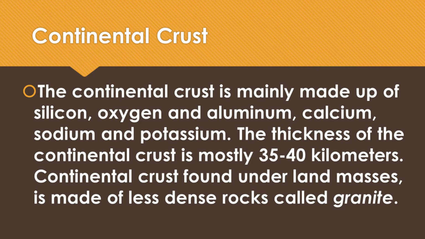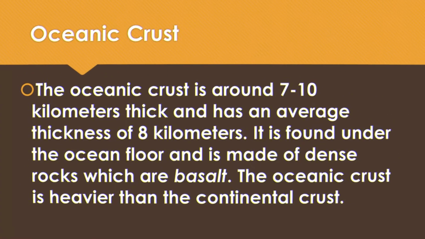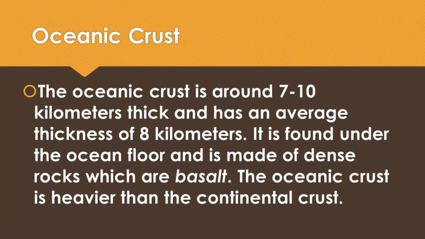Continental crust found under land masses is made of less dense rocks called granite. The oceanic crust is around 7 to 10 kilometers thick and has an average thickness of 8 kilometers. It is found under the ocean floor and is made of dense rocks which are basalt. The oceanic crust is heavier than the continental crust.